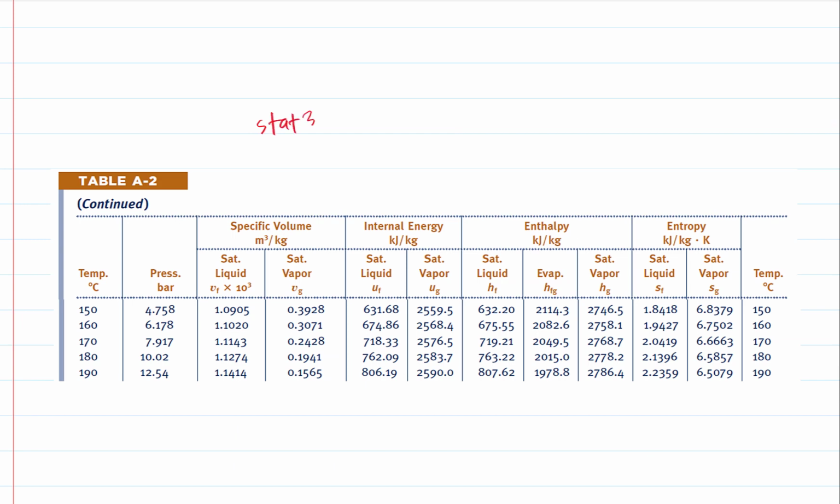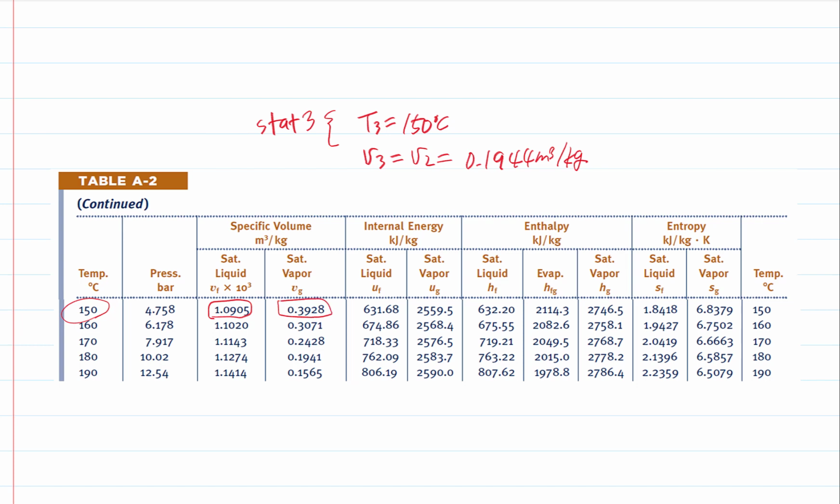And state 3. Temperature is given. And process 2-3, water is cooled at constant volume. So V3 equals V2. So two independent properties are known. We can fix the state. 150 degrees Celsius and the specific volume at state 3, 0.1944, which sits between these two numbers.